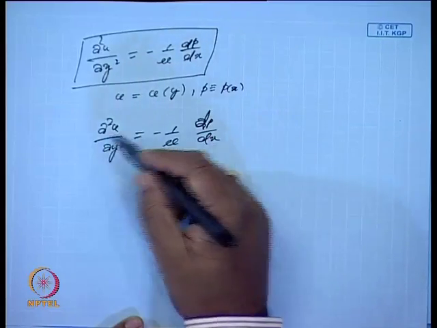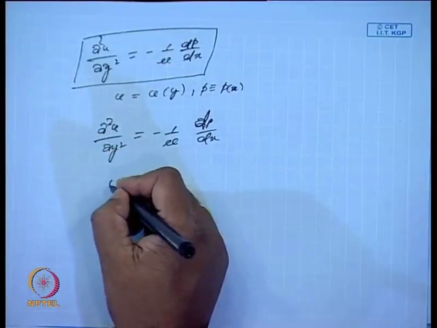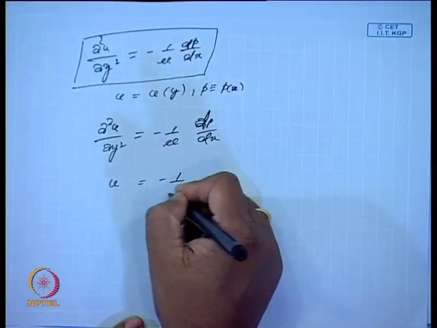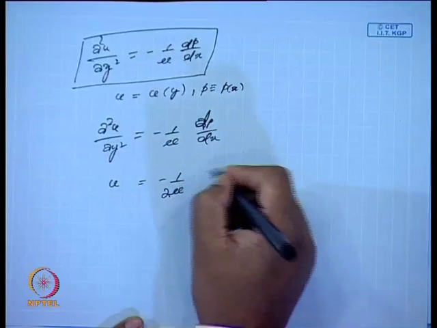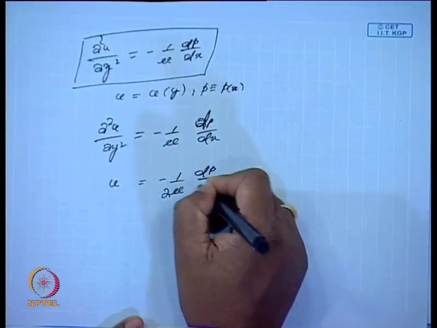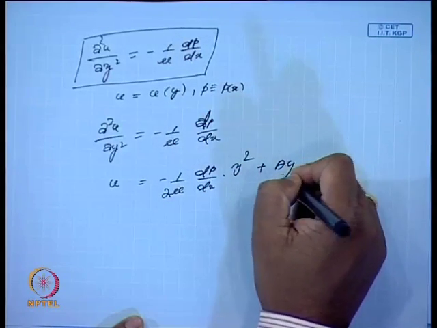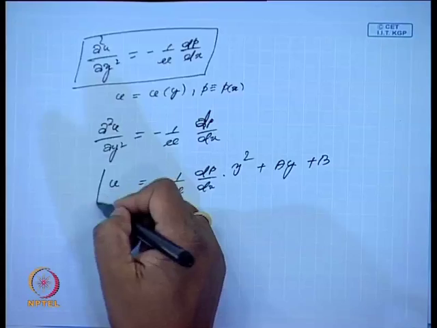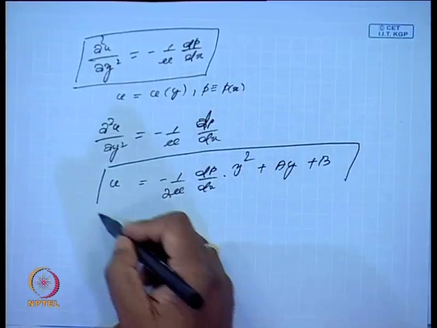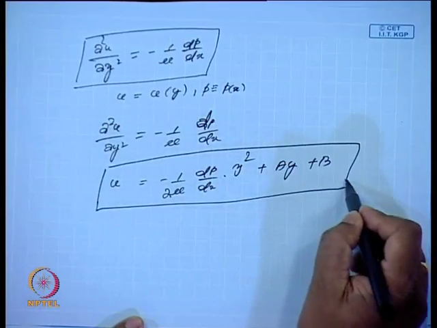Since this is a function of x and this is a function of y, I can always integrate it twice to get u equals minus 1 by 2 mu dp by dx into y square plus a y plus b. So, this is the general solution for a steady one dimensional flow.